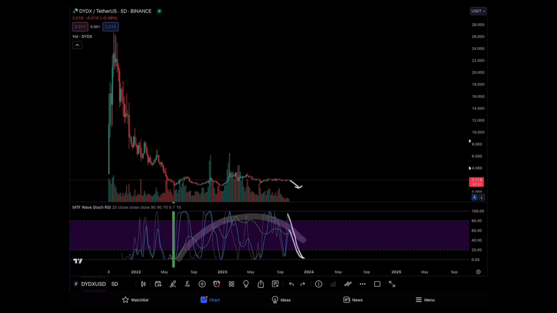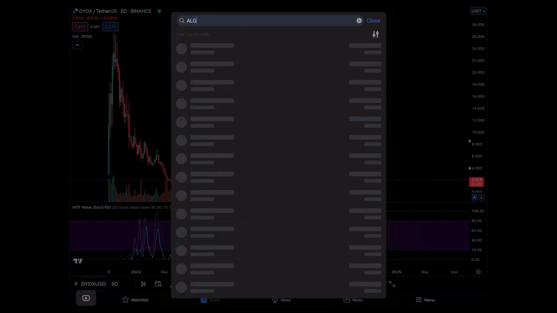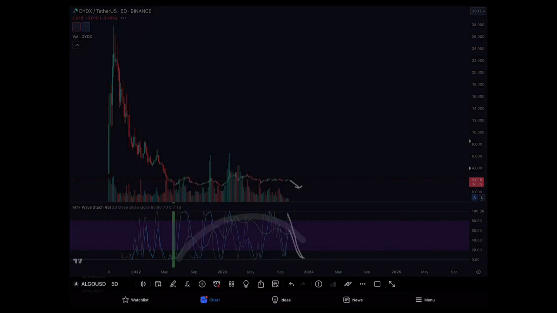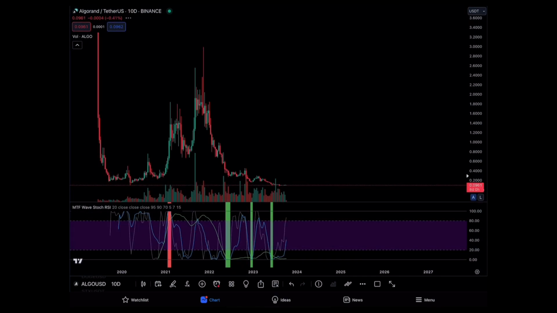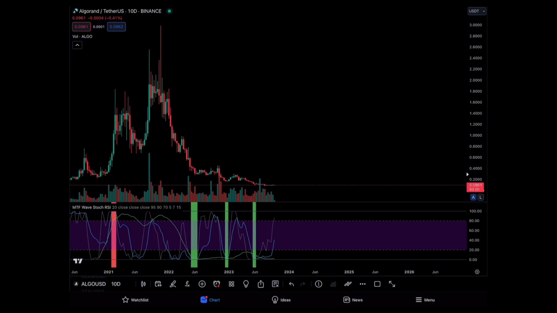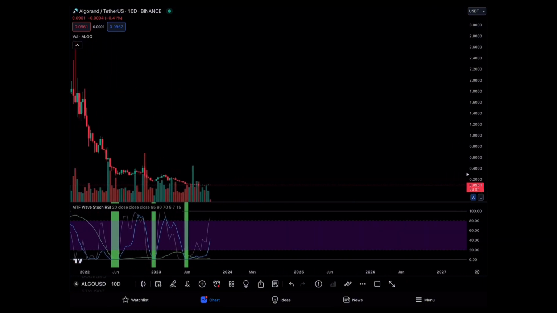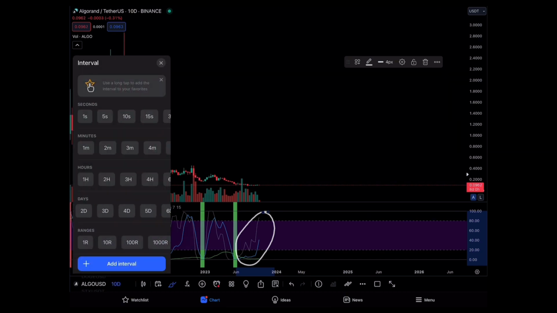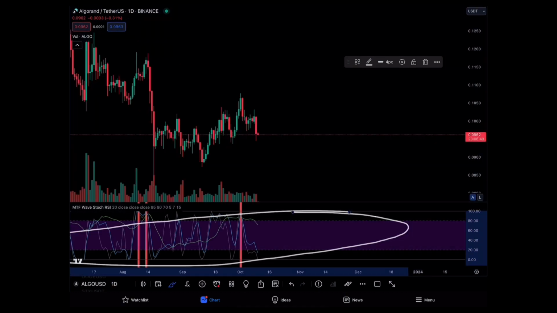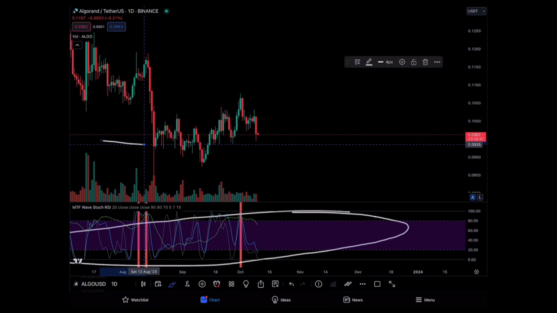I'm going to move on to ALGO. This one looks similar to ones that we already have described. Why? Because you can see that the 10-day time frame is showing this subwave, and that subwave, if you zoom in, for example, on the 1 day, is not going to be a neat one.